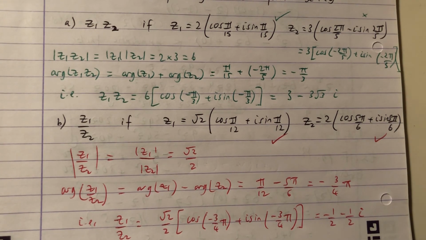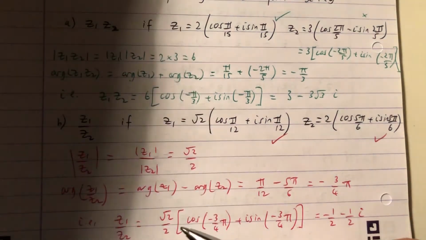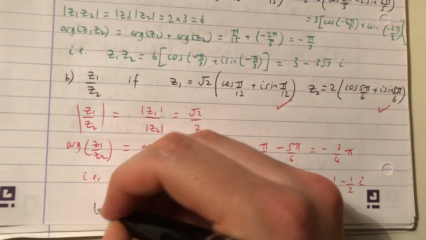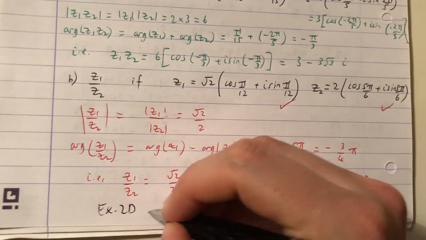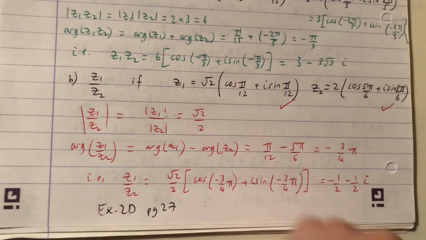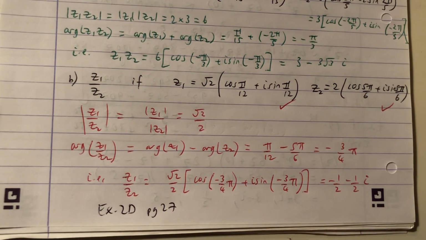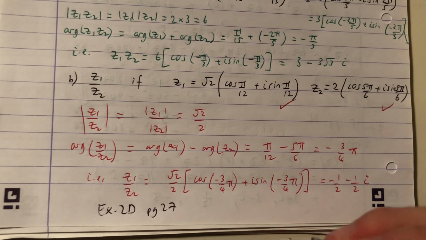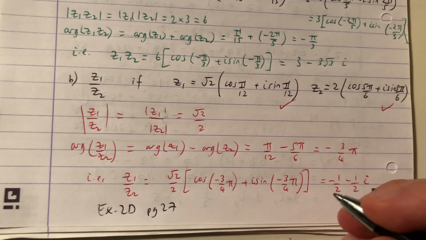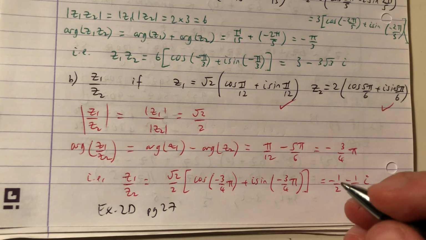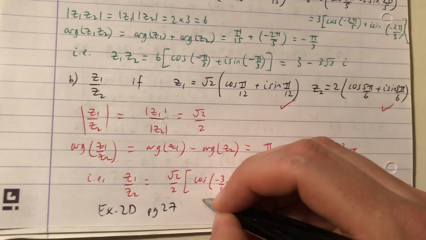Now the questions I would like you to do start on page 27, exercise 2D. And there are lots of them, or lots of different parts anyway. So let's do question 2.